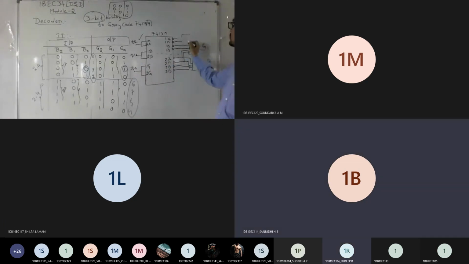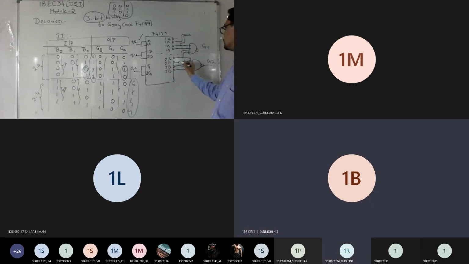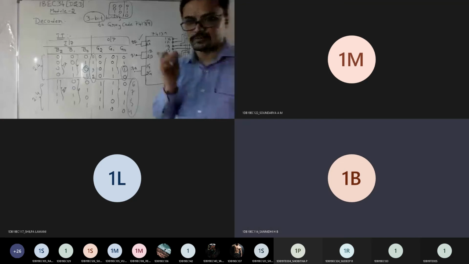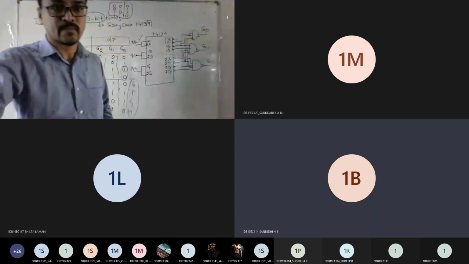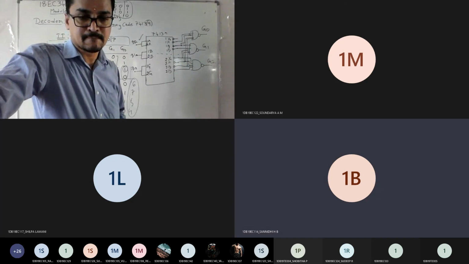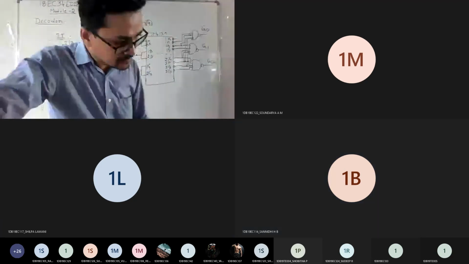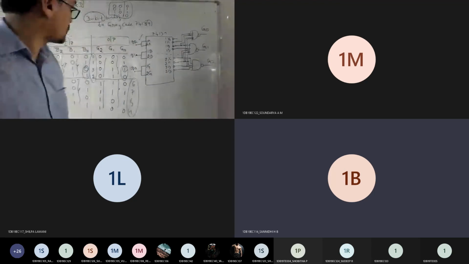Second is here, first is here, similarly here. This combination again is given to one more NAND gate that becomes G0. Am I clear to everyone? Any doubts? Anyone with this?